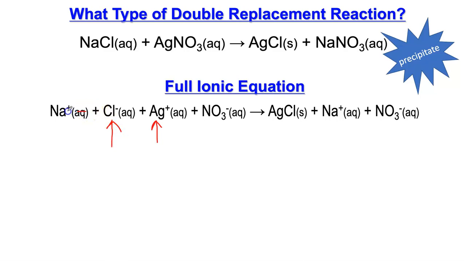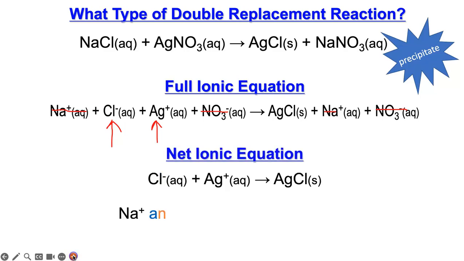These other ions that are left floating around in there are called our spectator ions. So we are not really going to need them, and we're going to cross those out. When we write what's called the net ionic equation, it's going to give just those ions that result in our solid precipitate.